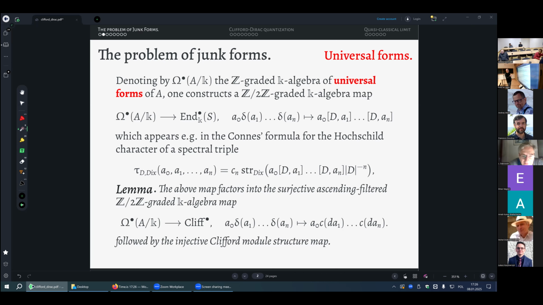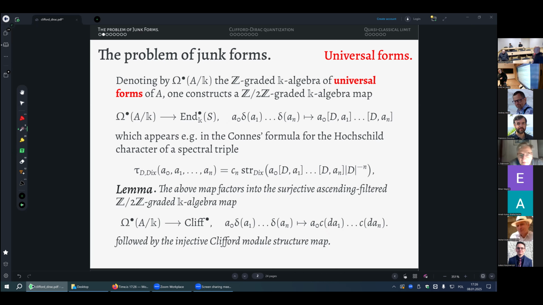On omega. It is this map decomposed into first going to the Clifford algebra. Of course, this is an operator of order 1, which means that the commutator of D and A1 is an operator of the Clifford multiplication by the differential of this element, D, A1.